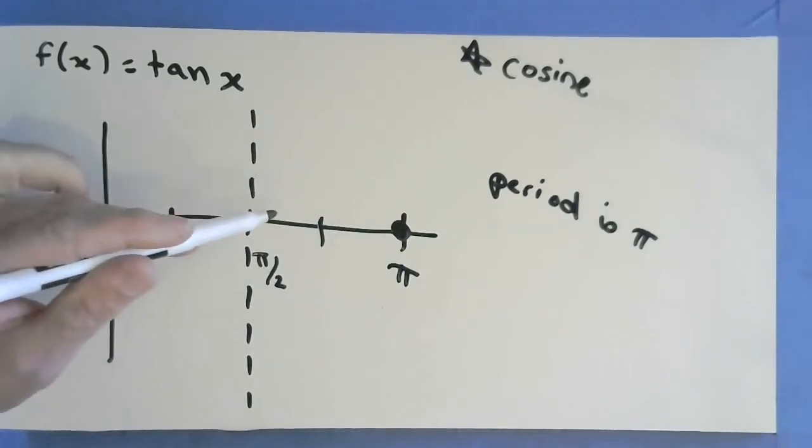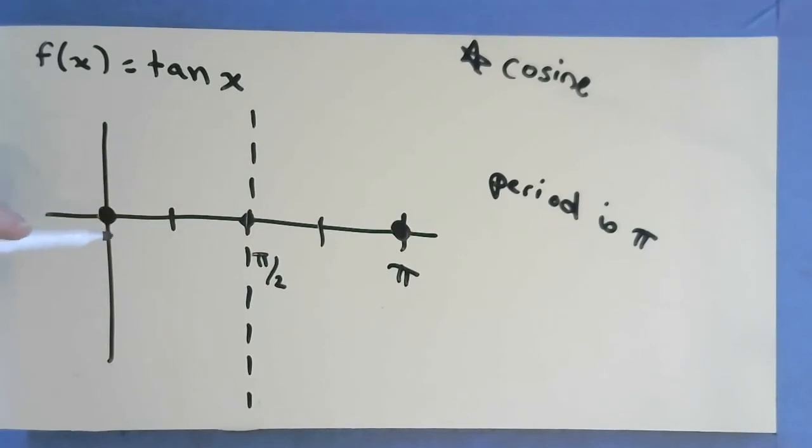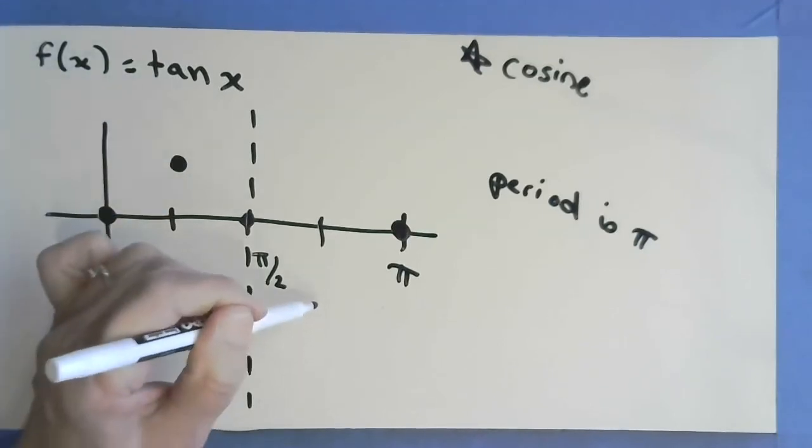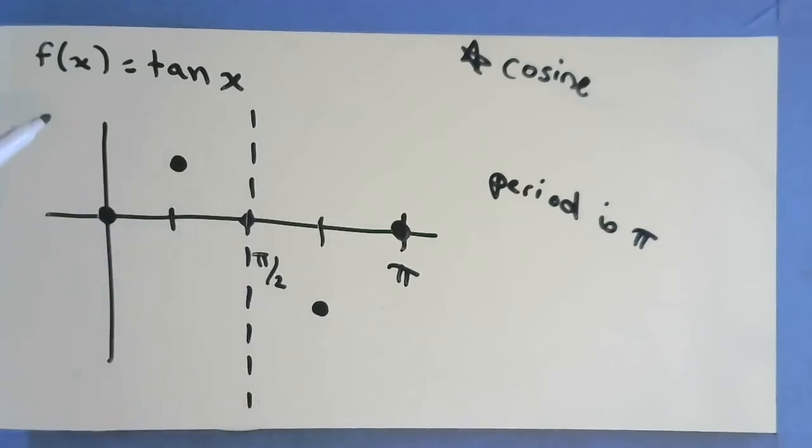Our second and fourth shape points are there to help remind you tangent is always increasing. So this one's up and this one's down. And notice that on cotangent and tangent, I didn't really plot exactly where those are.